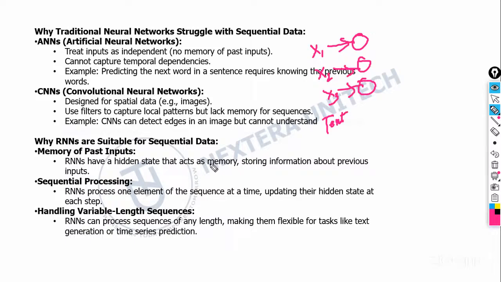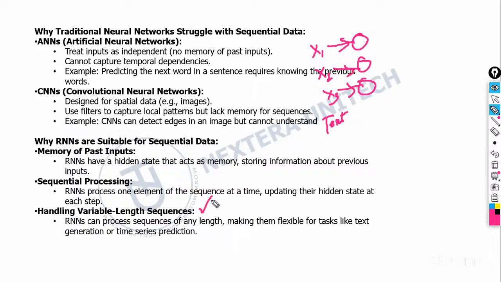RNNs help us to remember. There is a component called memory, and this is going to remember the past inputs. Moreover, it is capable of processing sequential data in a great way, and it can also handle variable length sequences.